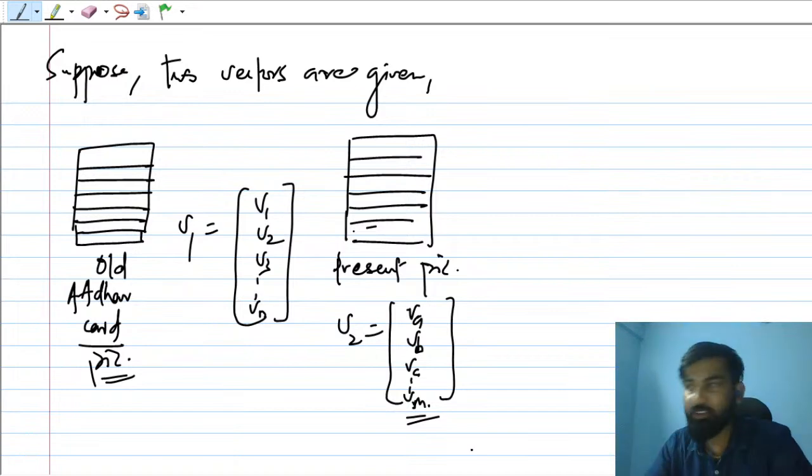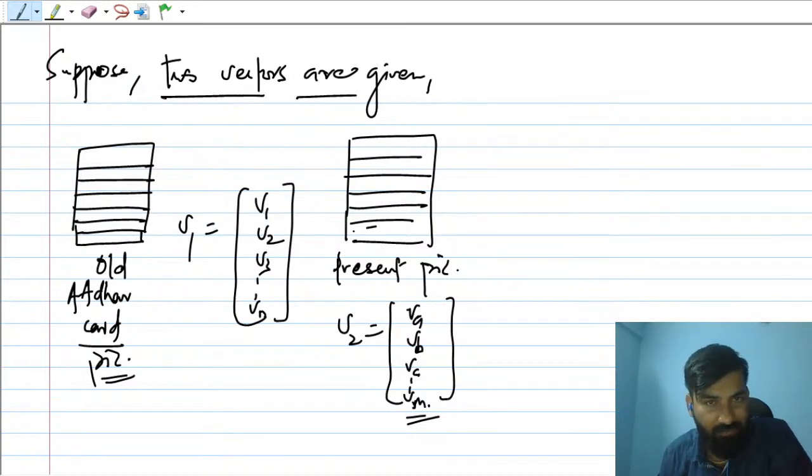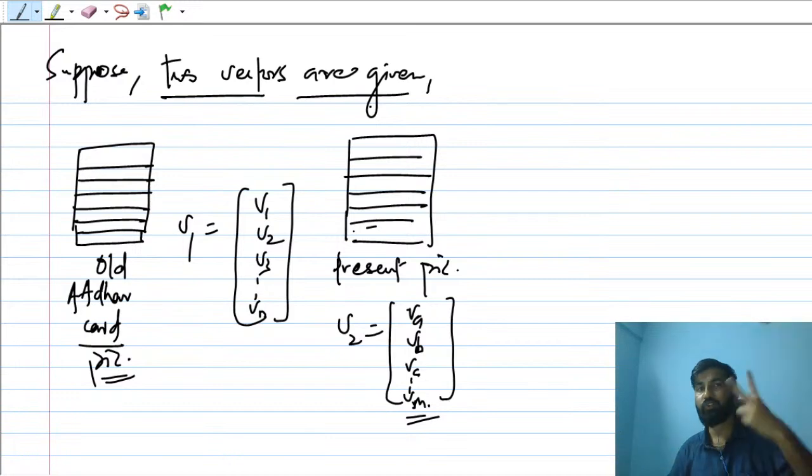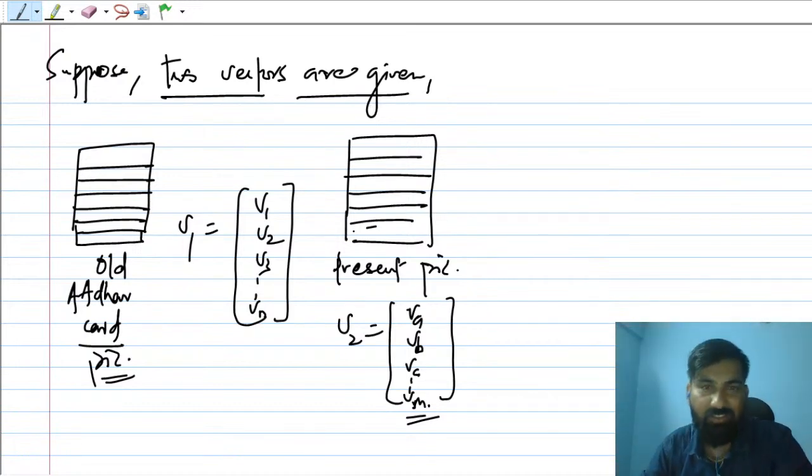So you have been given two vectors, and you are going to find the norms of these two vectors. How will you find the norms? You will take the difference of these two vectors. Why are we finding the difference of two vectors? Definitely we will try to match the present photo with the old Aadhaar card photo.